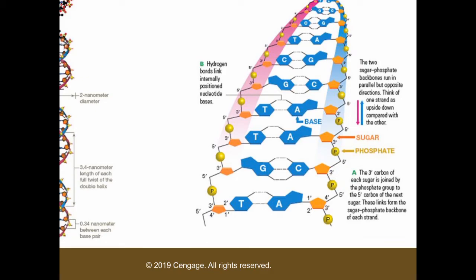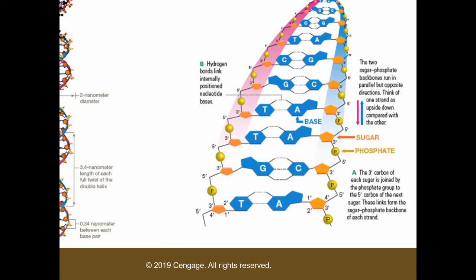Hydrogen bonds are the strongest intermolecular force, but technically they are not like covalent bonds, where there's a sharing of electrons. The hydrogen bond occurs between a hydrogen atom and a lone pair of an electronegative atom. We have two hydrogen bonds joining the thymine and the adenine bases, and we have 3 hydrogen bonds joining the guanine and the cytosine bases.